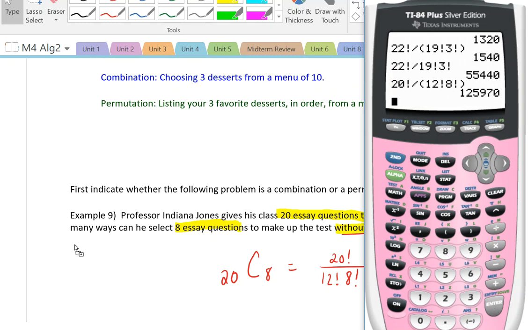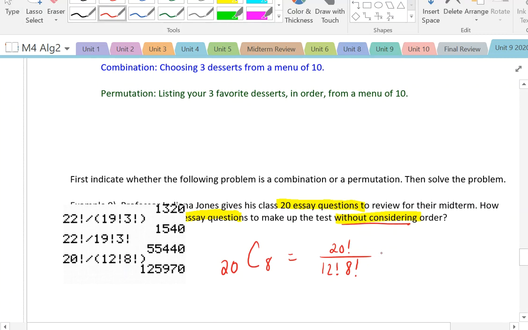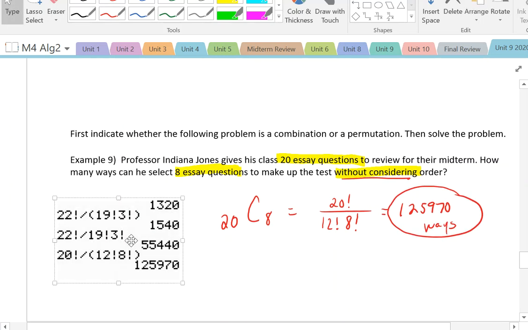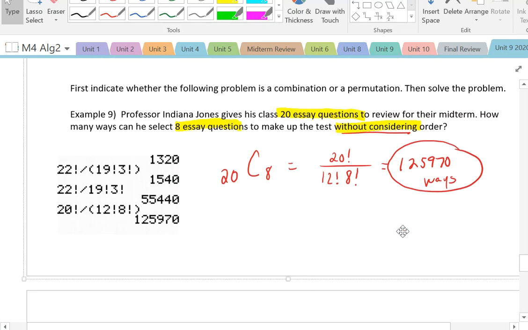Boom. All right, so that's how many different tests would be available for him without concern about what order they were in. A multiple choice test would probably be more of a permutation because of the order of the questions.